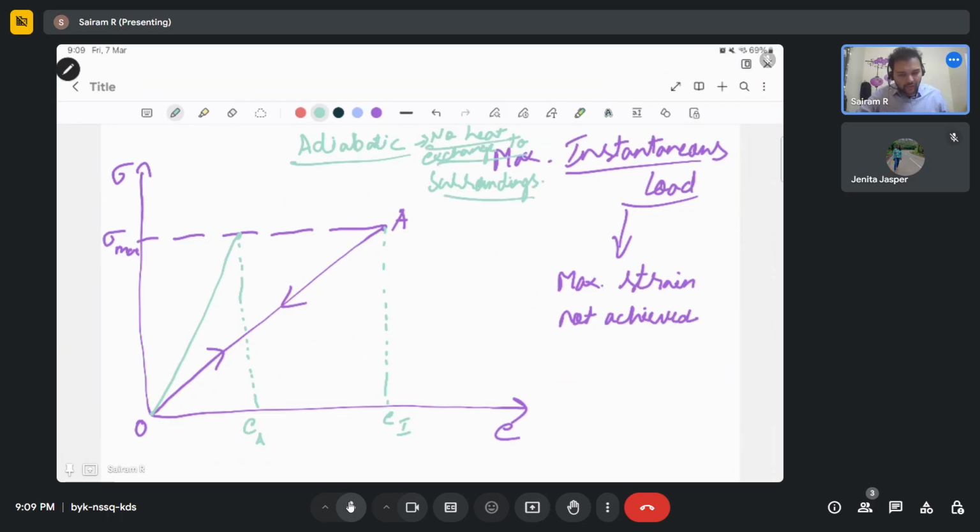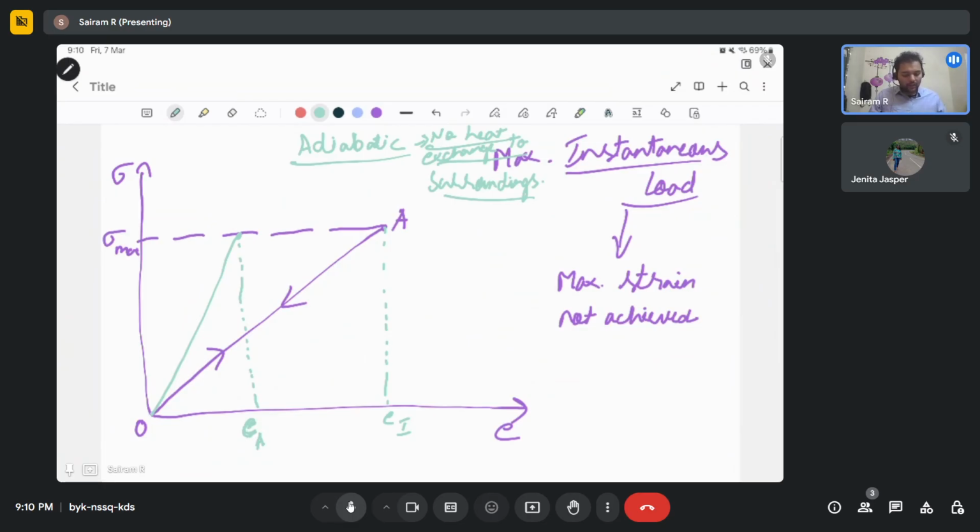So let's say if I have a steel plate, and I'm applying an instantaneous load, and there is some time delay for the strain to exhibit itself, there is no heat exchange between my sample and my surroundings, because I'm keeping it in such a condition where I'm not allowing heat exchange to happen. So during this process, I achieve a strain of epsilon A.